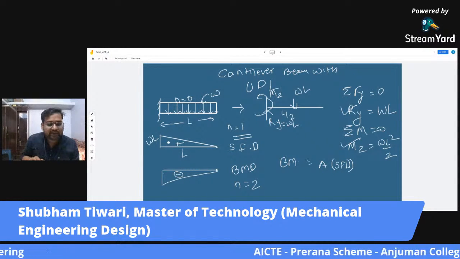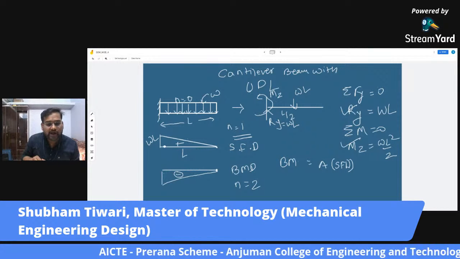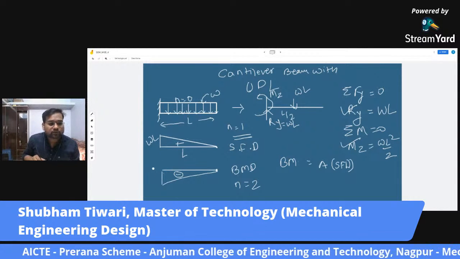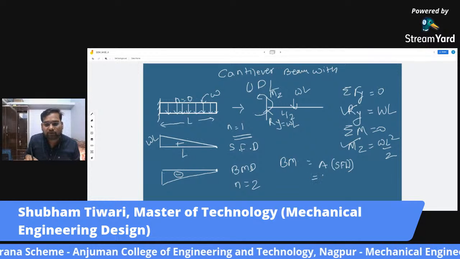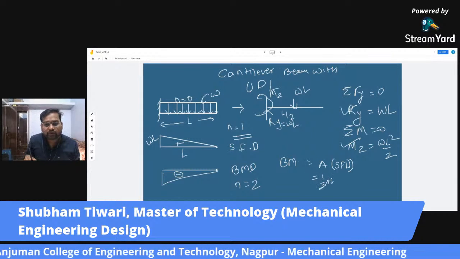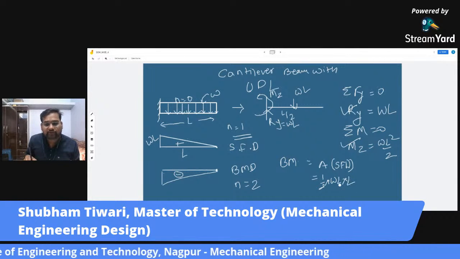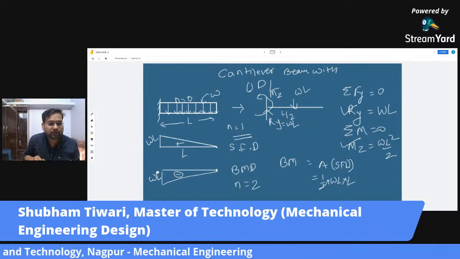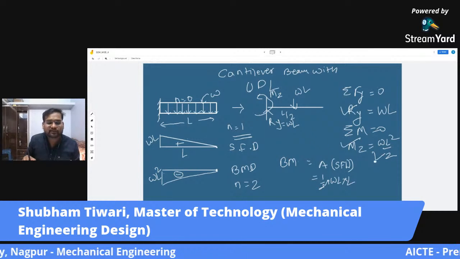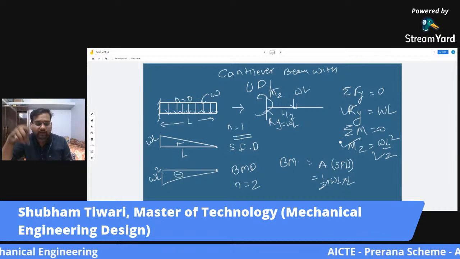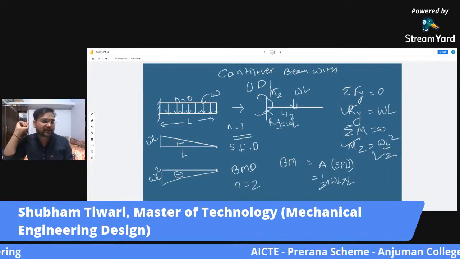Now what is its area? Its area is half into base into height. So the area will be half into WL into L, it will be WL square by 2, which is equal to our reaction moment. So the diagram is correct.